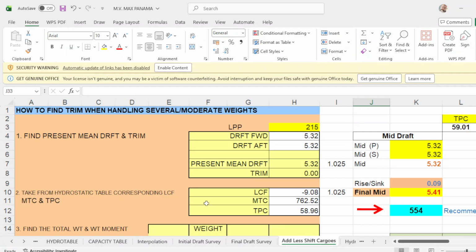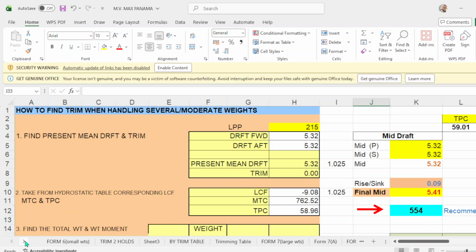Click this one. This is what we're going to use: how to find trim when handling several moderate weights. This is the same as in form number 6. Form number 6 is how to find trim when handling several moderate weights.